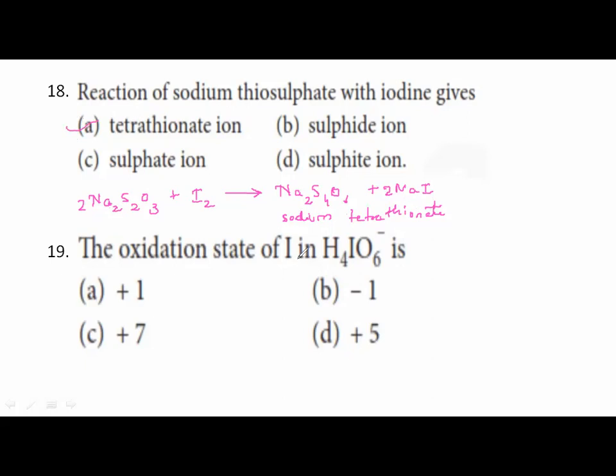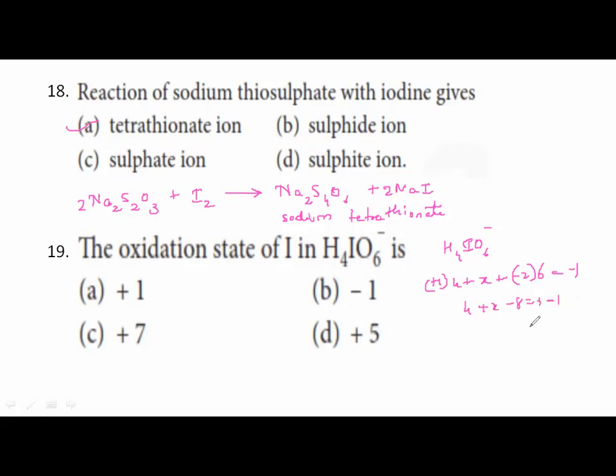The oxidation state of iodine in H4IO6 minus. Okay. Plus 1 into 4 plus X plus minus 2 into 6 is equal to minus 1. So 4 plus X minus 8 is equal to minus 1. Okay.